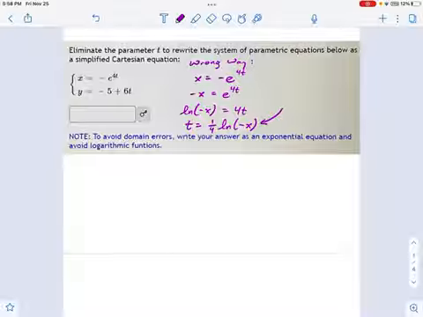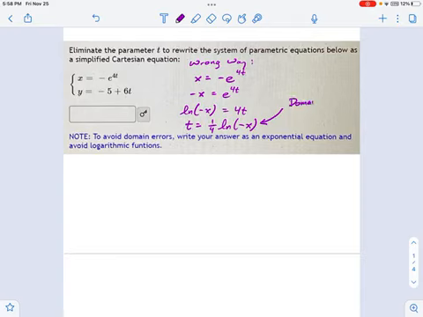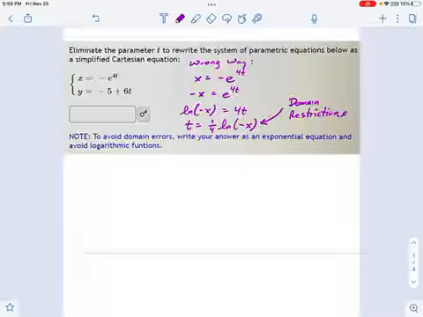This is going to have domain restrictions. So that caution about don't have negatives inside the logarithm, that's actually a pretty good thing to keep in mind. If you isolate t this way, you're going to get restrictions that were not intended to be there. So we're not going to do it this way.